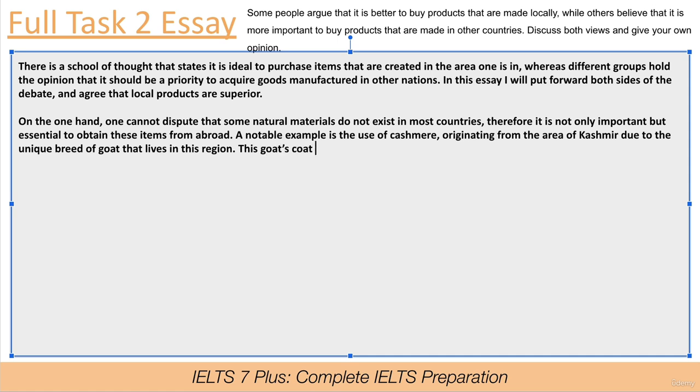This goat's coat is what becomes jumpers and coats, which assist in keeping individuals warm in the winter.